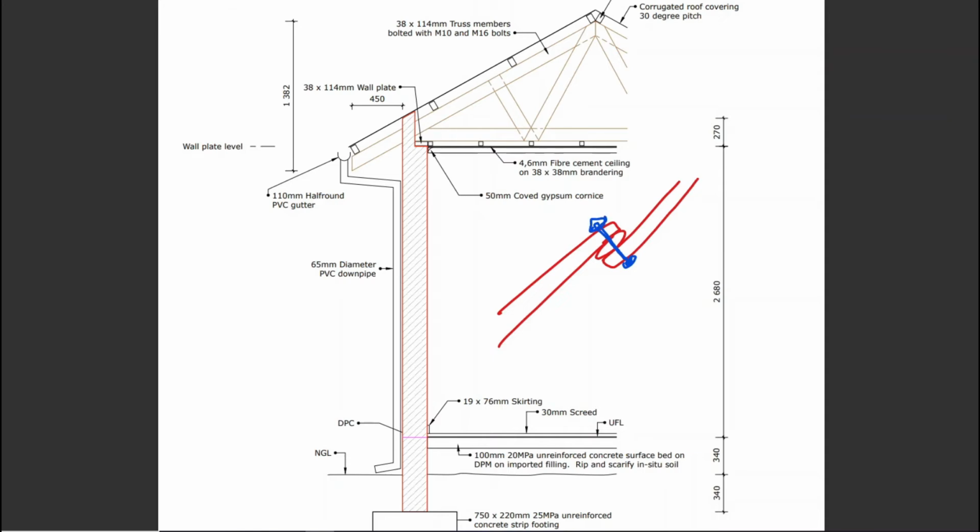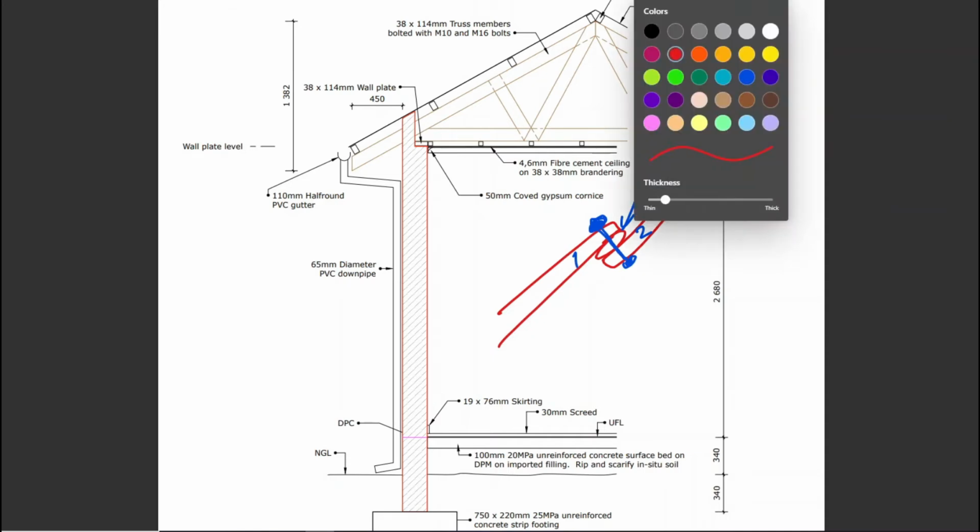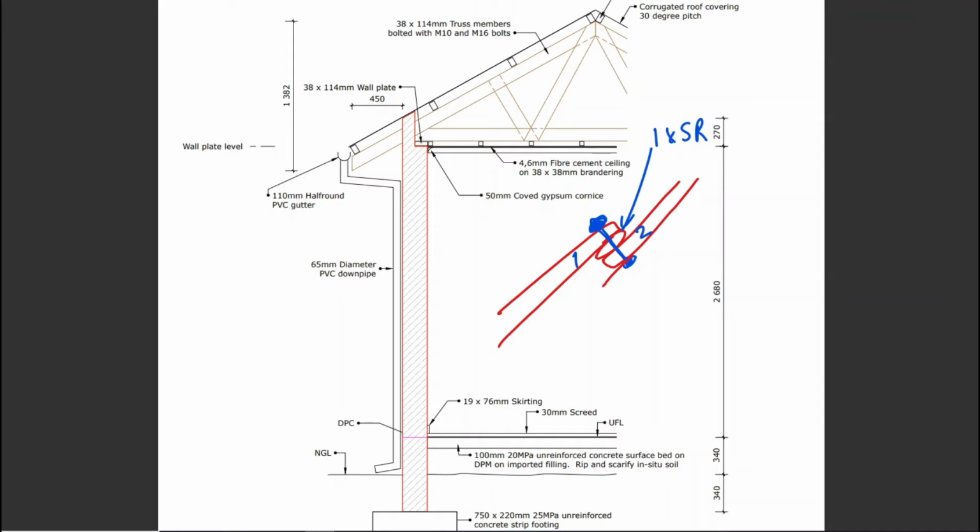You need one split ring timber connector per timber to timber interface. So there's one piece of timber, there's two pieces of timber. That means you need one. Okay. If you had a third piece of timber here, you'd need another.